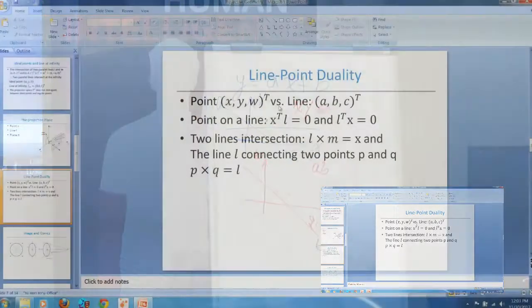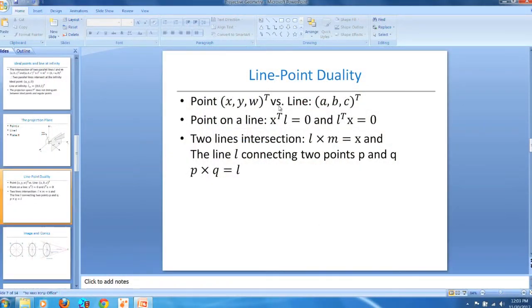Here we take two lines and the point where they intersect, and here we have two points and the line which passes through them. Is that clear? Any question?